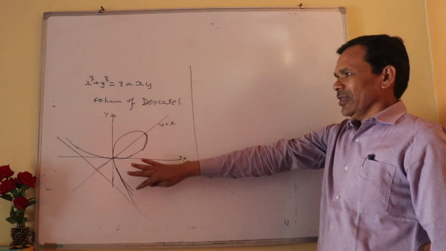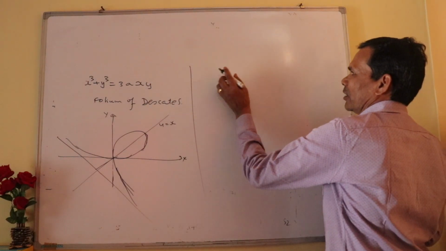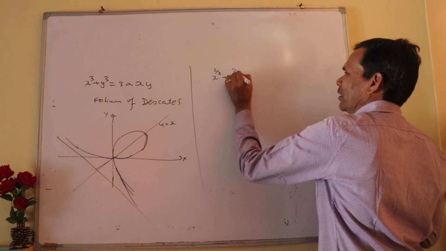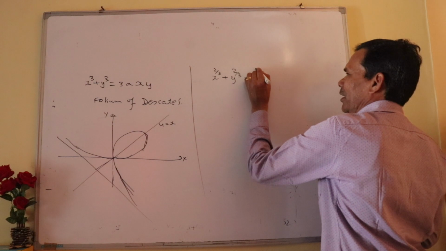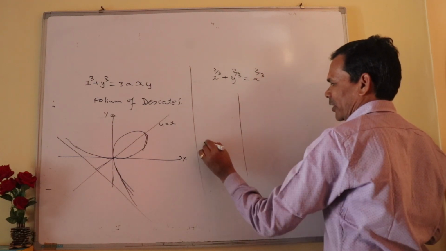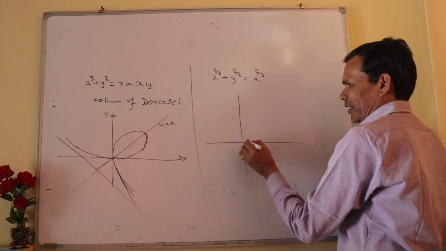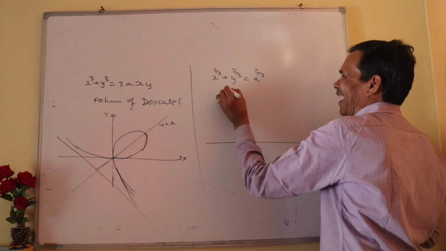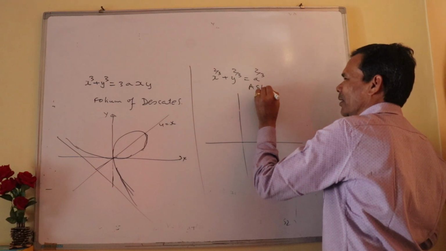Then next is x raised to 2 by 3 plus y raised to 2 by 3 is equal to a raised to 2 by 3. This curve is called the asteroid, star shaped.